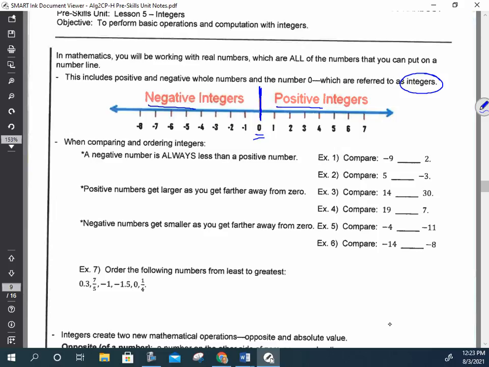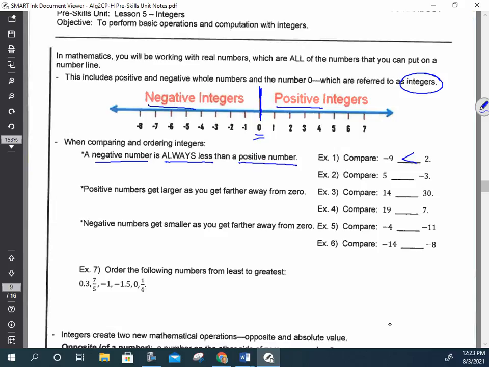First order of business, a negative number is always less than a positive number. So when you're comparing -9 and +2, -9 is smaller. So that's the sign that you would use to indicate that -9 is less than 2.